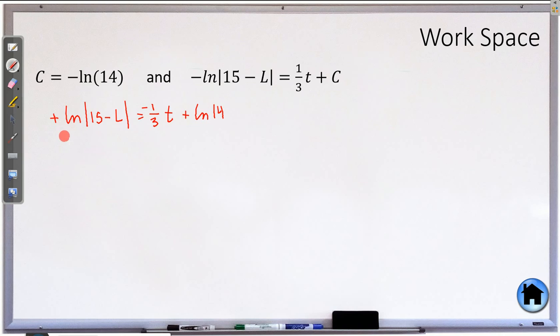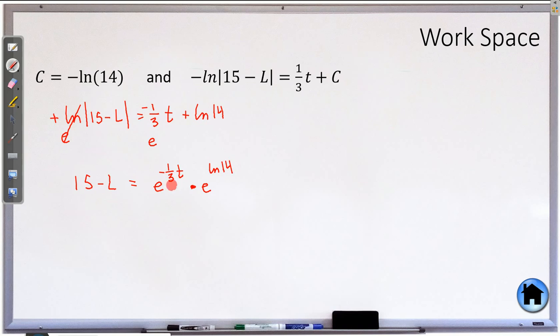And then we're going to take e to the power of both sides. So e and the natural log cancel out. We're left with 15 minus L is equal to, now because these two exponents are adding, I'm going to rewrite with two bases. So there's the first one times the next one.